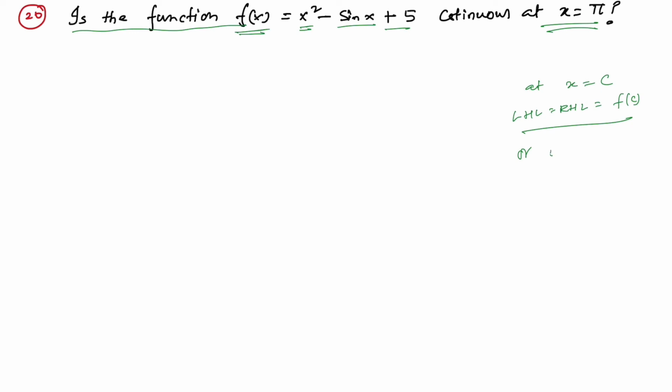Or we can write the condition like this: suppose this is a function f of x, at x equal to c, if the limit of f of x as x tends to c exists and it is equal to f of c, then also we can say it is continuous.